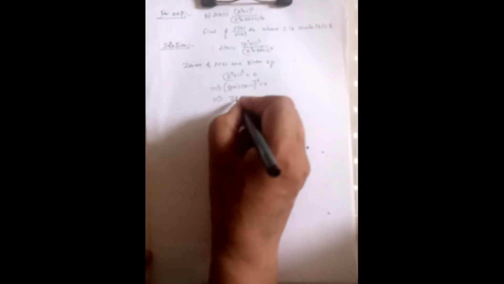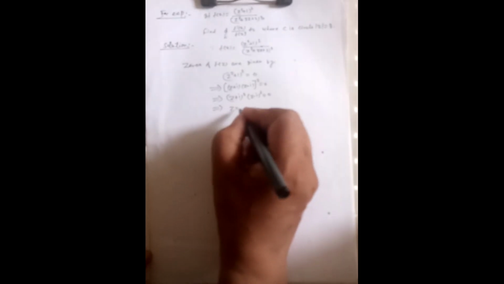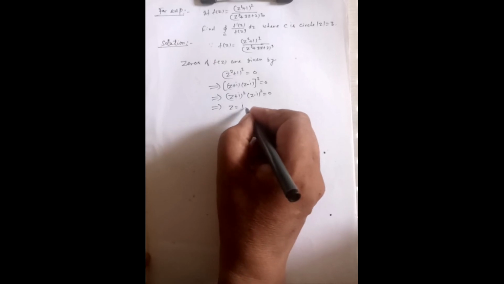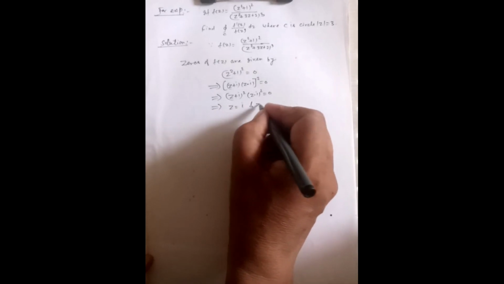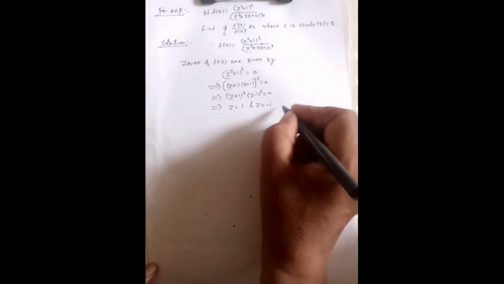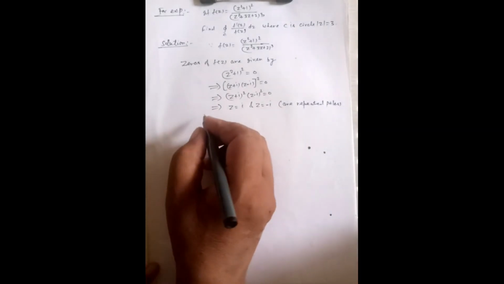This implies z equal to i and z equal to minus i are repeated zeros, not poles.